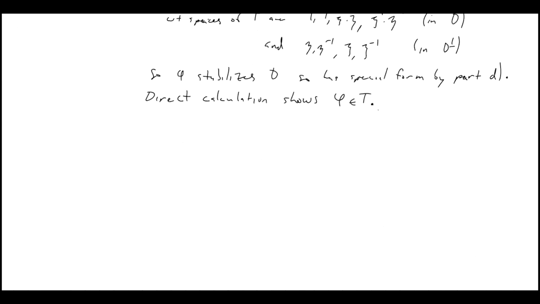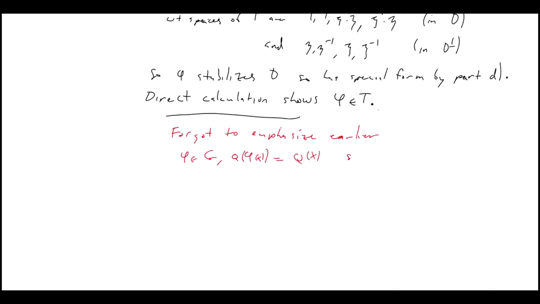Oh, geez. Okay. And I forgot one minor point that I skipped over. I forgot to emphasize this earlier. We knew that for phi in G, the quadratic form is preserved.